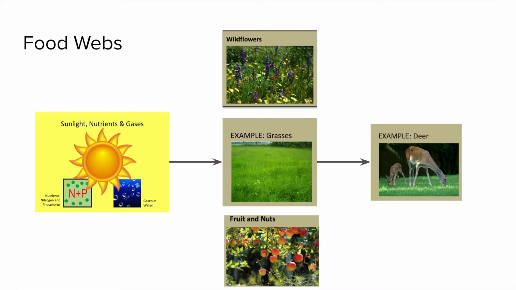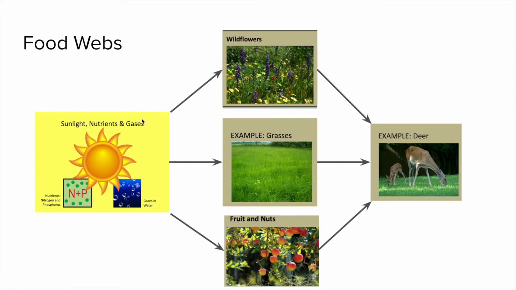You can think about where these wildflowers get their energy from and where the fruits and nuts get their energy from, as well as which organisms get their energy from the wildflowers and the fruits and nuts. But to start off, we're going to draw our arrows in the direction that the energy flows.